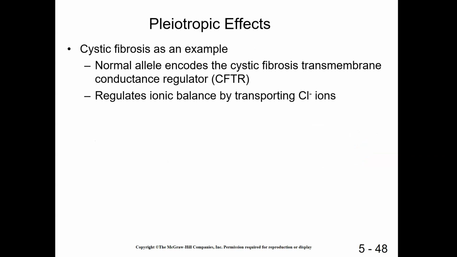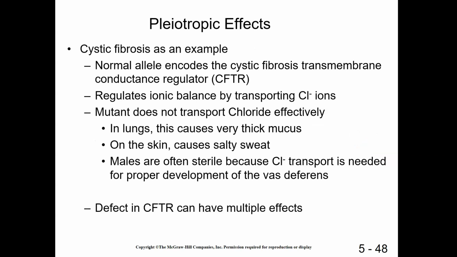So pleiotropic effects, a great example of that is cystic fibrosis. Cystic fibrosis is a disease where the body produces really thick mucus, usually in the lungs. You also end up with very thick mucus in the digestive tract, reproductive tracts. And that all happens because there is an imbalance of chloride ions, Cl negative, being pumped out of cells, okay?